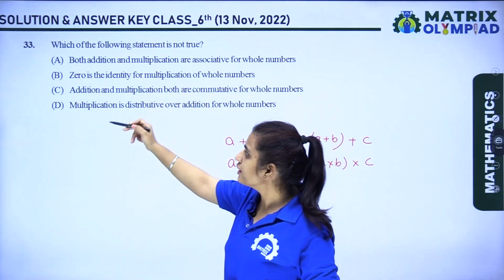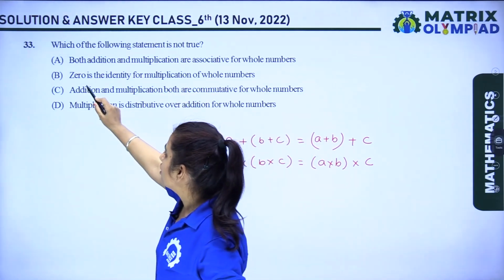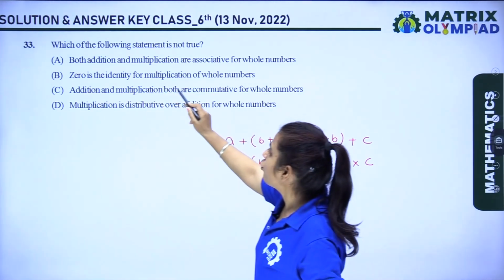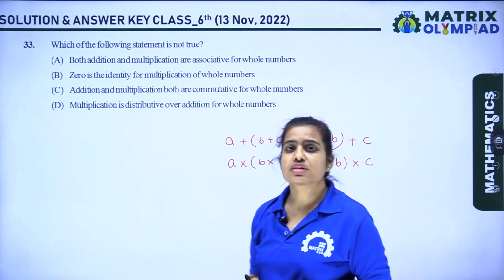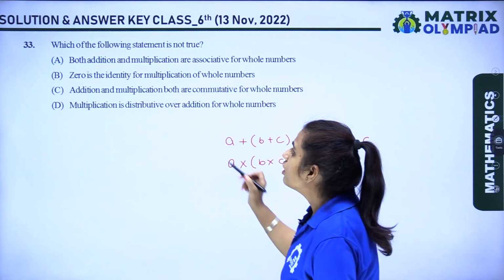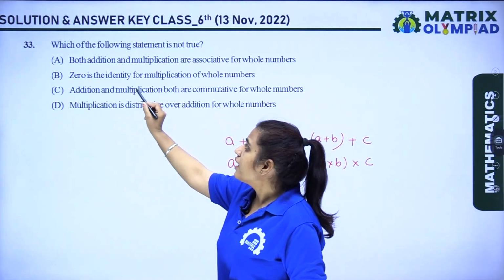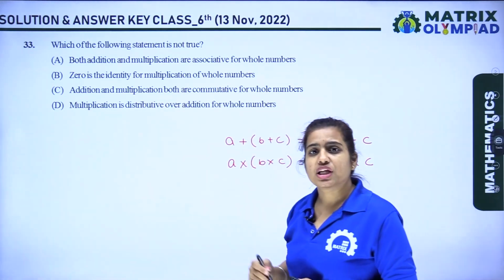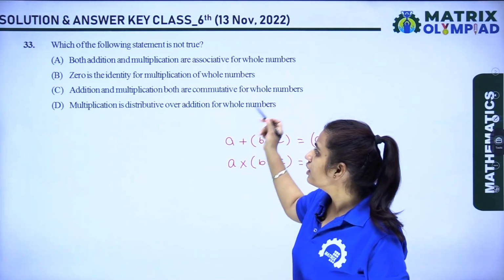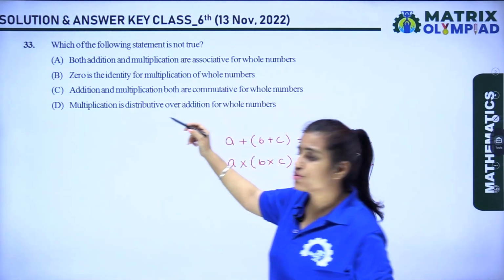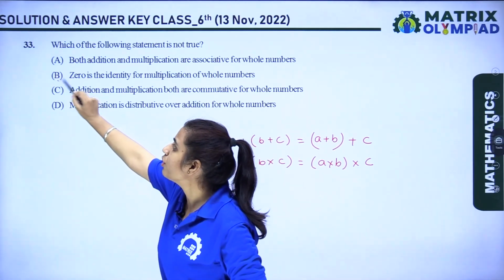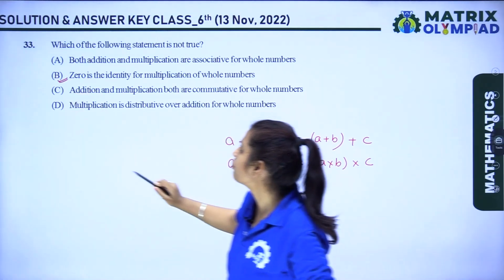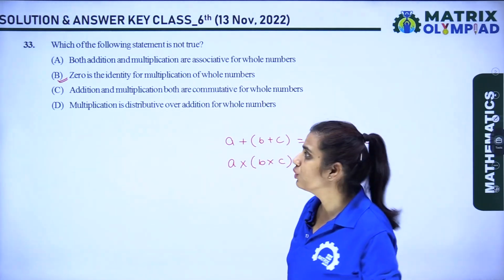Now the second is B. 0 is the identity for multiplication of whole numbers. It is false because 1 is the identity for multiplication. So here this statement is absolutely false. So we can say that according to option B is the statement which is not true.